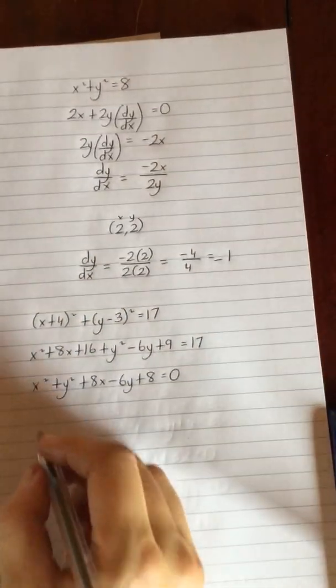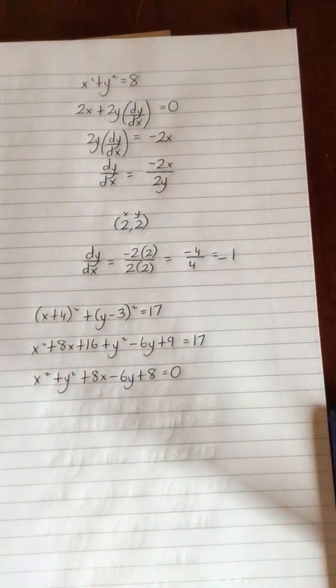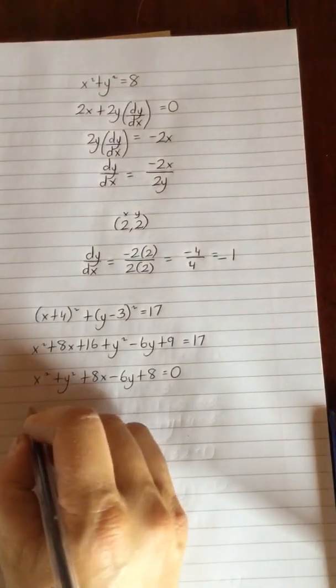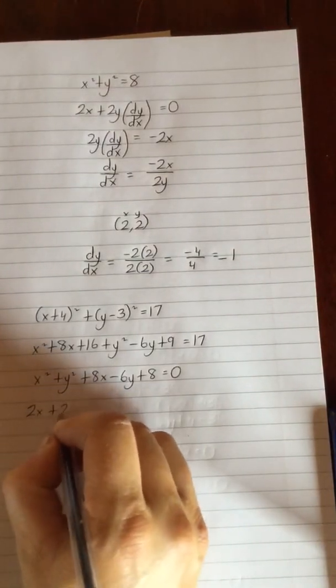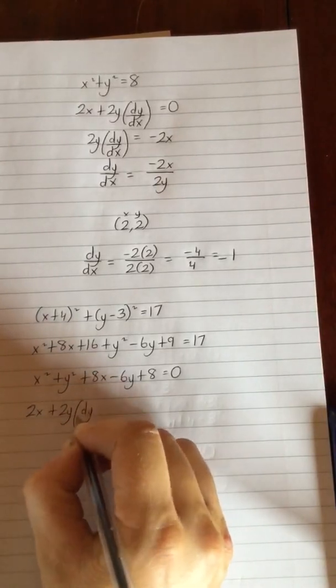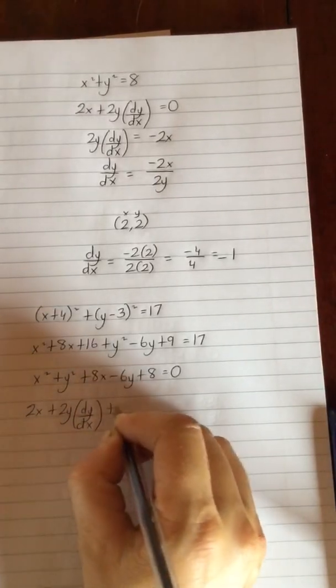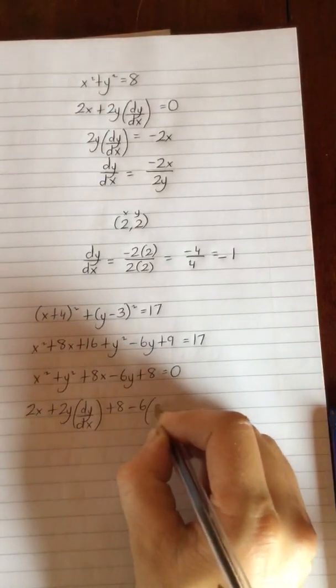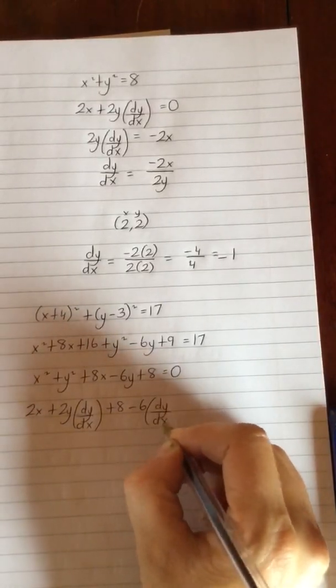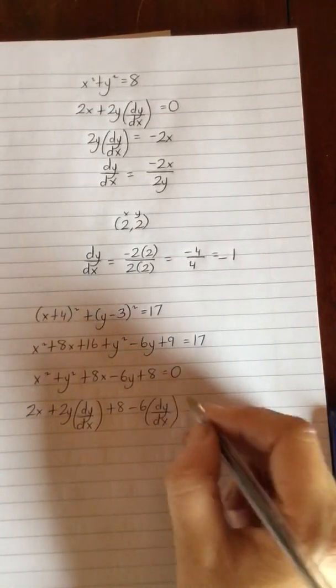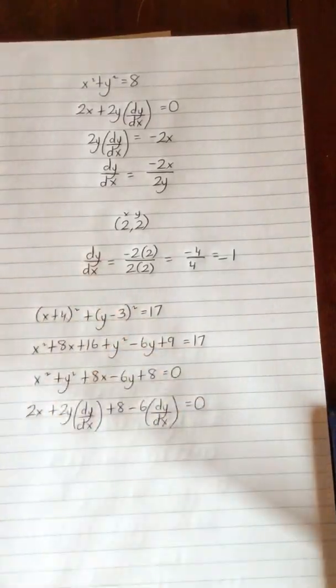So, need to find dy dx. I'll differentiate everything, and remember, once again, anytime I differentiate a y term, I must put dy dx with it. So this is going to go to 2x plus 2y, but dy dx goes with it, plus 8 minus 6, but dy dx goes with it because it's a y term, and then 8 will differentiate to 0, so I just have 0 and then equals 0.